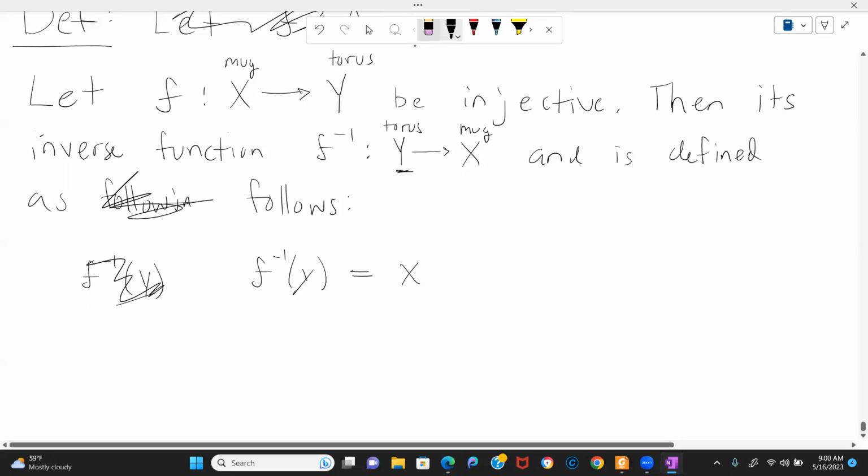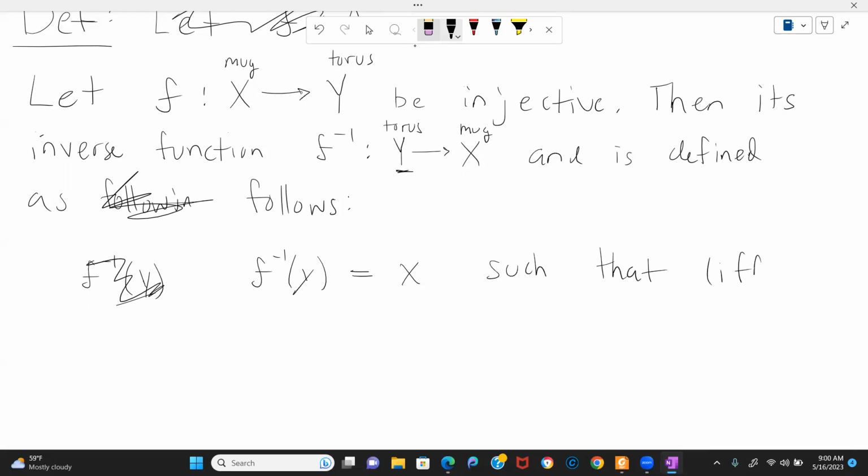Well, f sends y to x if and only if, whatever x is, it has to satisfy the following: f of x is equal to y. So what this says is that to find out what f inverse does to a point y, call it x, just give it a name, and whatever x has to be such that this equation holds.